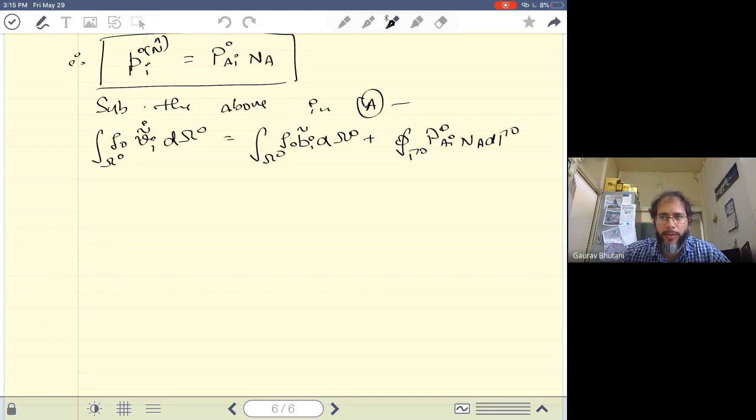The third term now becomes capital P naught AI NA times d gamma naught. Right, so now we can apply the Gauss divergence theorem.